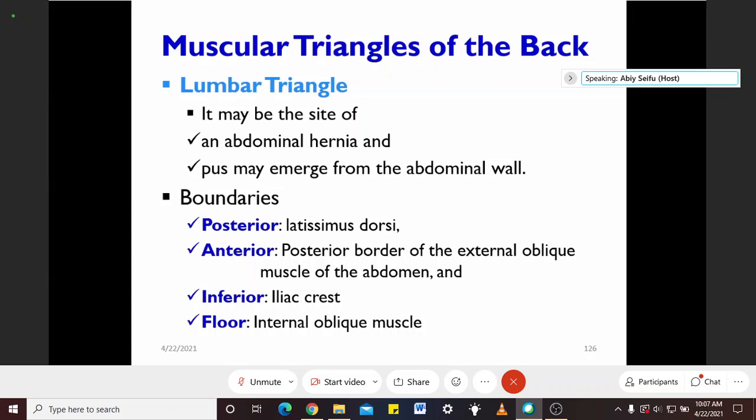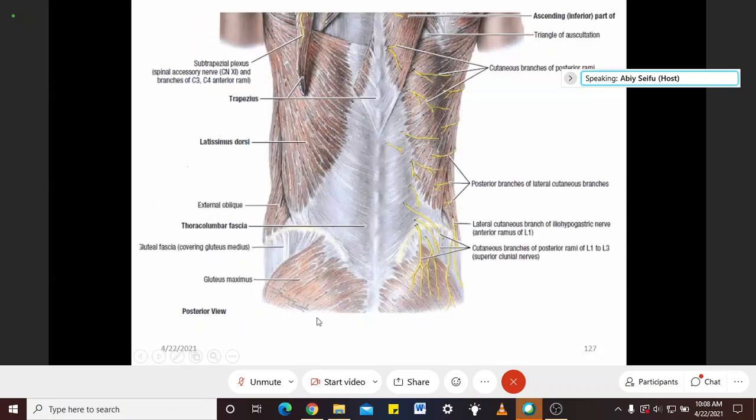In this case, abdominal visceral organs may be prolapsed or herniated through these lumbar triangles. The structures that participate are two muscles, the latissimus dorsi muscle as well as the external oblique muscle, and the inferior border is formed by the iliac crest, and the floor is formed by the internal oblique muscle.